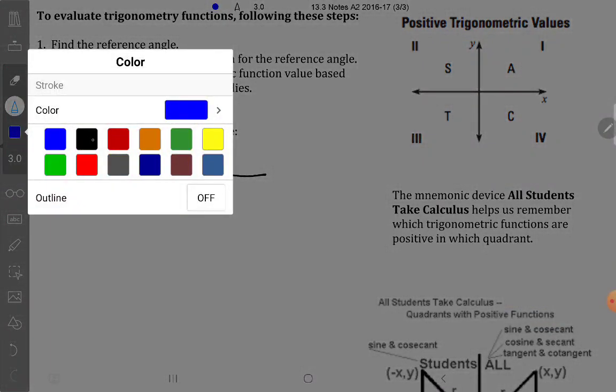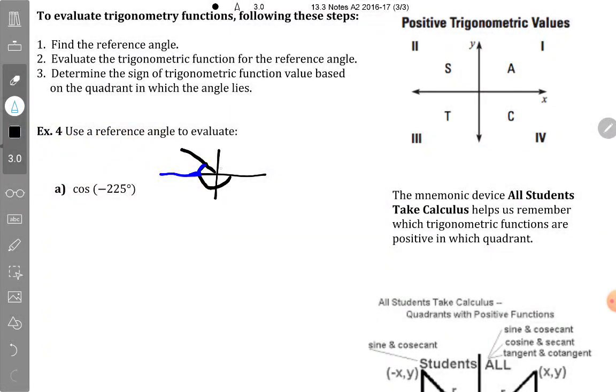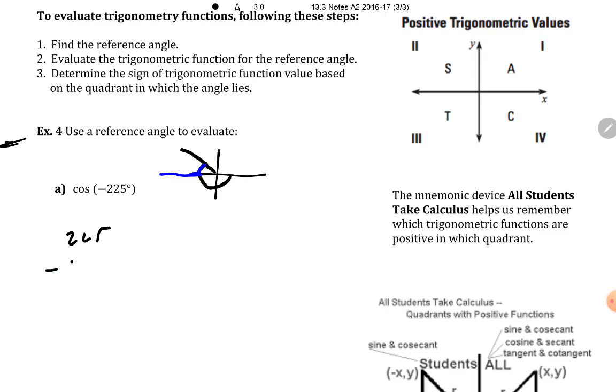So we take 225 minus 180, and we find out that this is a 45-degree angle.